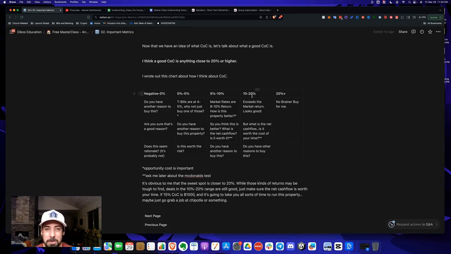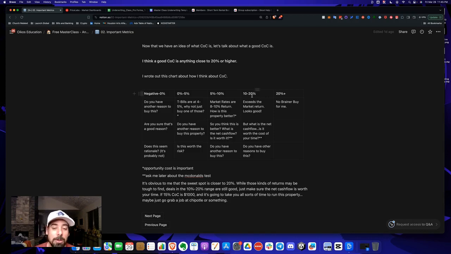Are you spending 20 hours a month on your property, 45 hours a week? Because if you're doing that, I got a news flash for you, you could make just as much money working at Chipotle. So why not just go work at Chipotle? Because you're going to make just as much money and it doesn't involve all the risk and all the headache. So you just kind of have to weigh that.